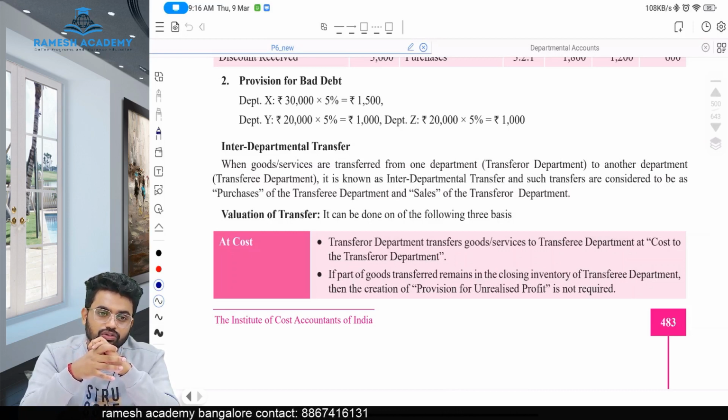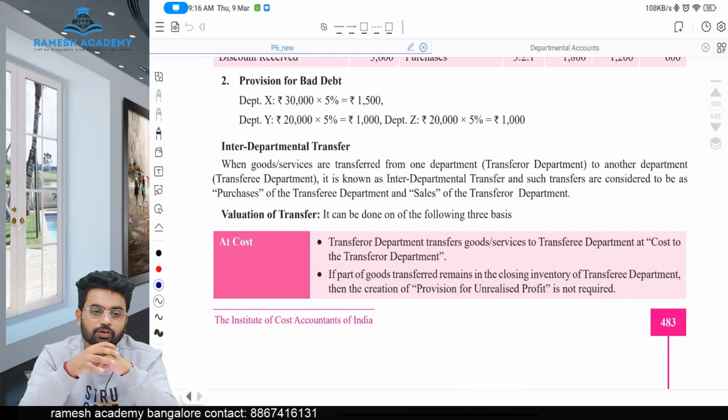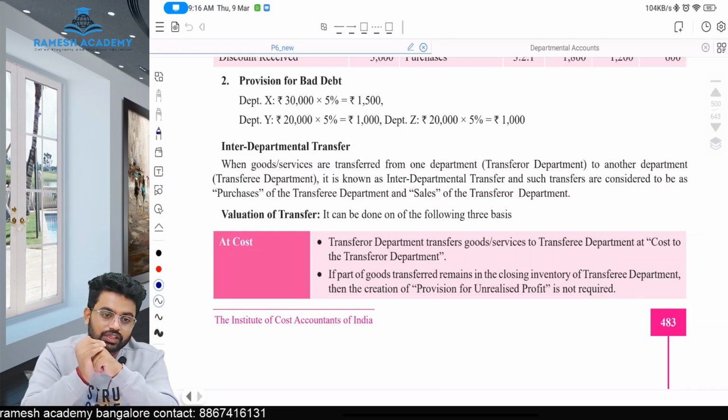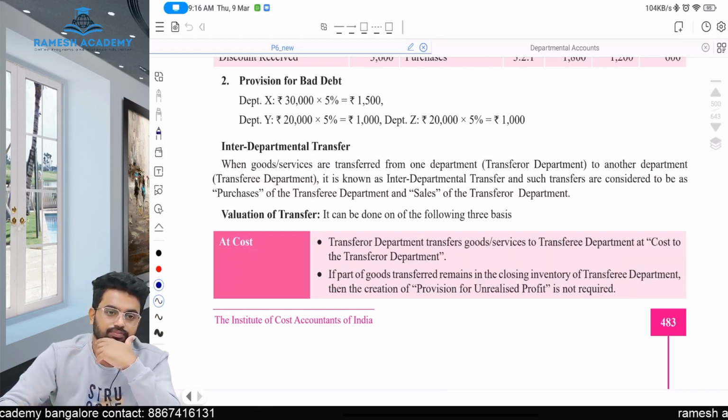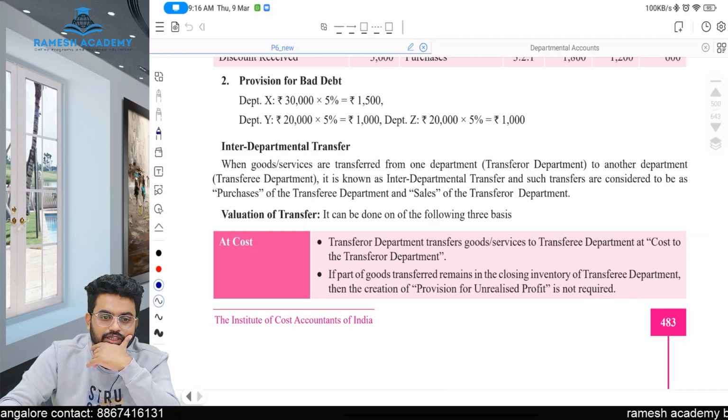And also to find out the whole organization's net profit or net loss, we will prepare something called a general P&L account.